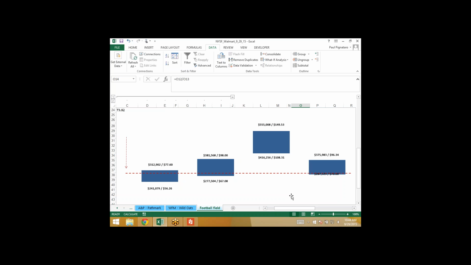This is also the point where a lot of people get confused when they put on their resume, I value the company at $67 to $98, or I do $277 to $380, based on an 11 to 13 times EBITDA multiple. It's not the terminal value multiple. It's the overall multiple that ties to the range of your valuation.